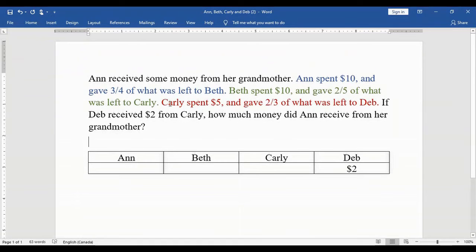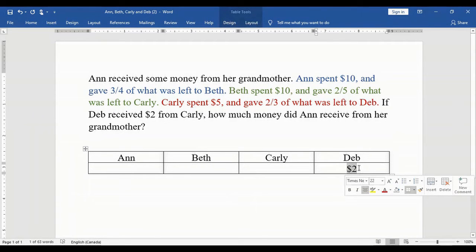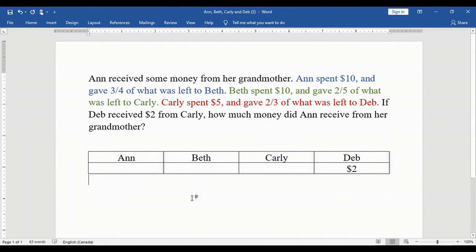There. Now, we're working on the red sentence. It says Carly spent $5 and gave 2/3 of what was left to Deb. All right, so the $2 that Deb received must be the 2/3 after Carly spent $5, of course.